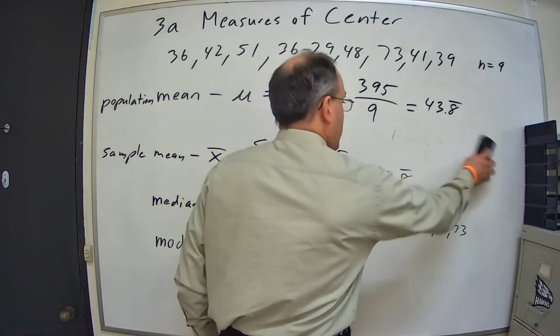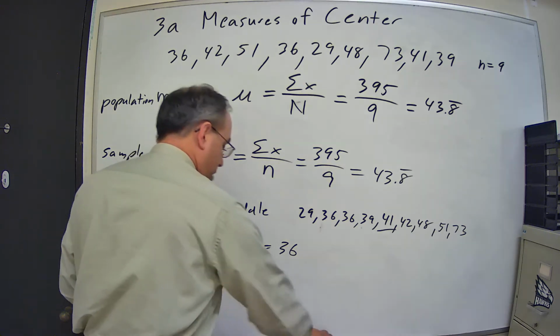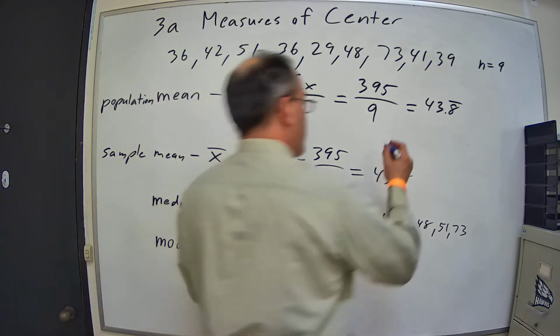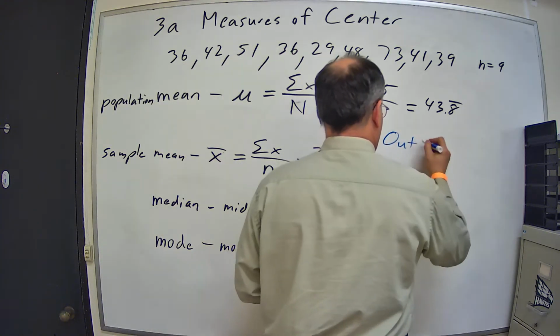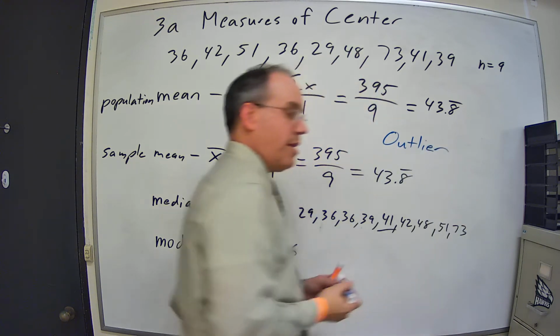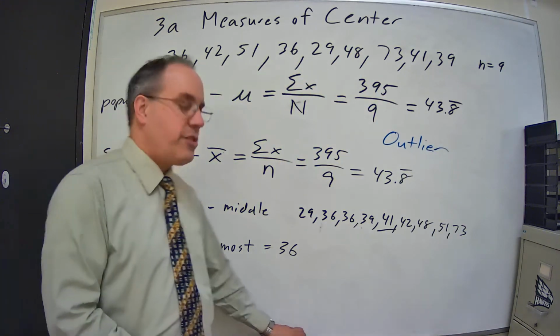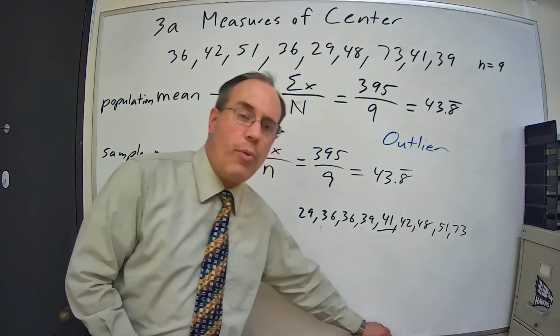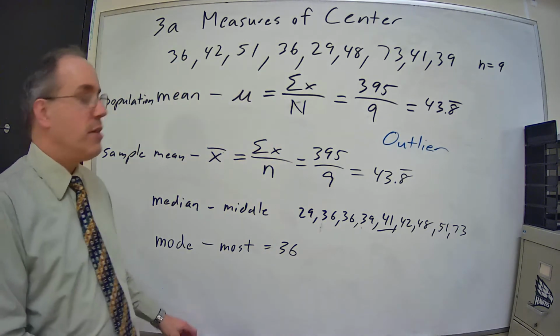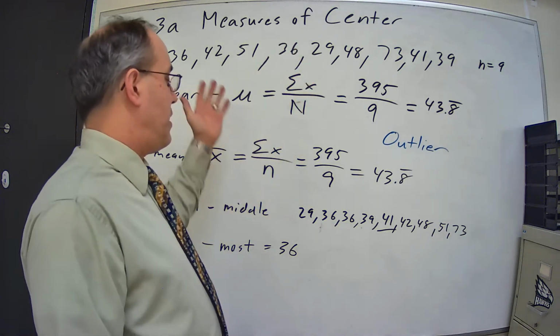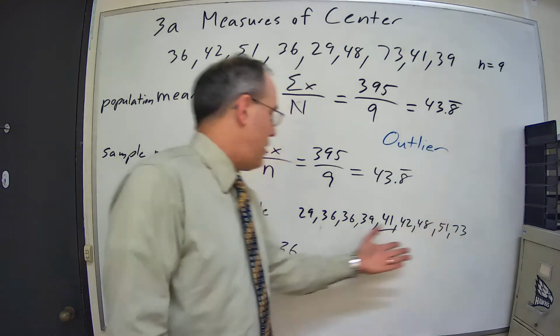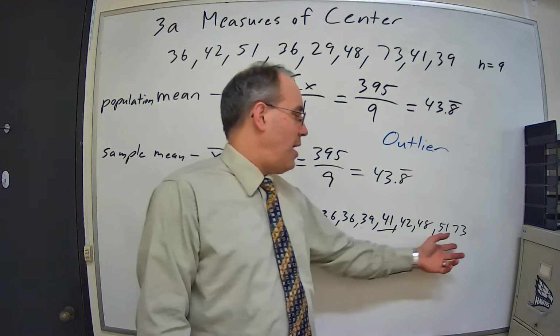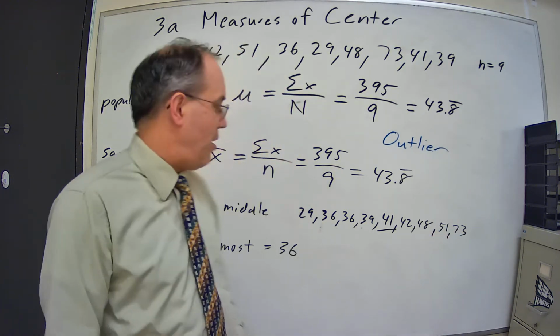Another thing that we may deal with is an outlier. An outlier is just a term that states that something is far away from everything else. So in this case, we look at this and I go, gee, in this data, possibly 73 is an outlier.